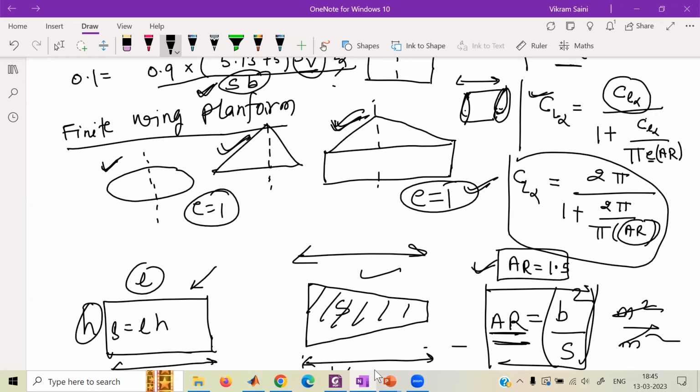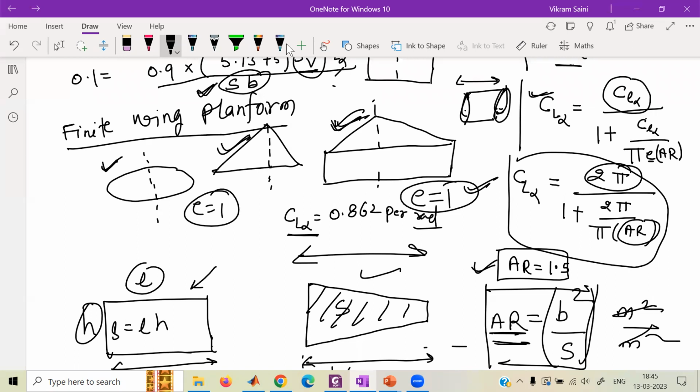CL alpha is coming out as 0.862. All right, so CL alpha is coming out to be 0.862 per radian, right? Yes, sir. Yeah, because 2 pi is in per radian. Sir, can you please explain how you took the aspect ratio of the vertical tail as 1.5?